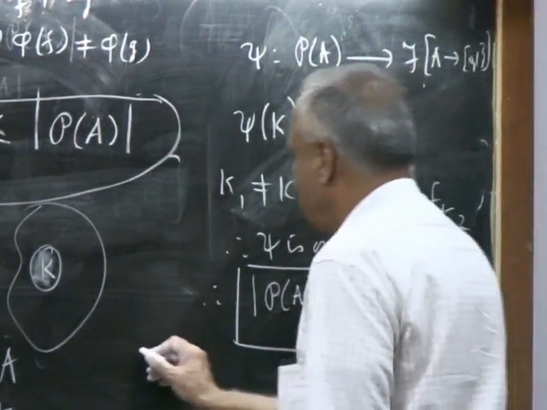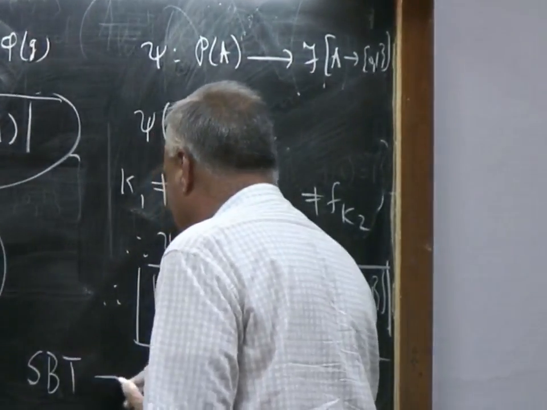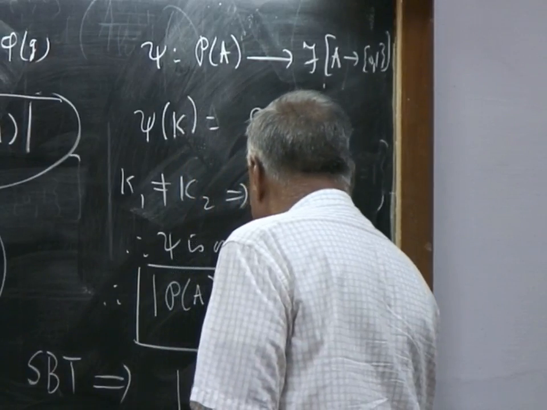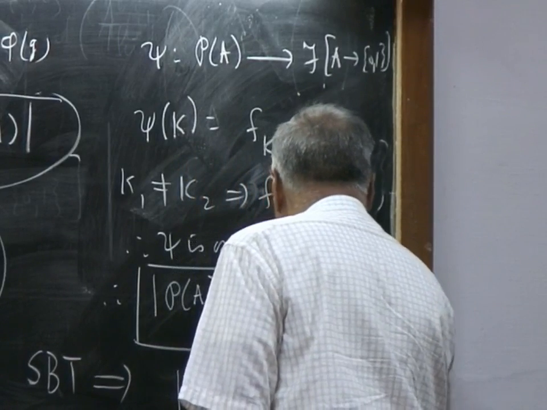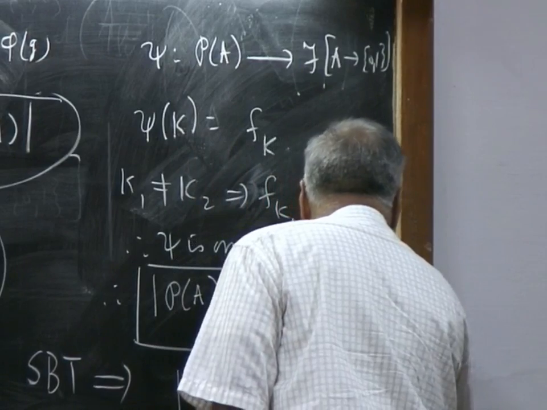So by the SBT, this is the same as this, which is what we call 2 to the power of the cardinality of A.